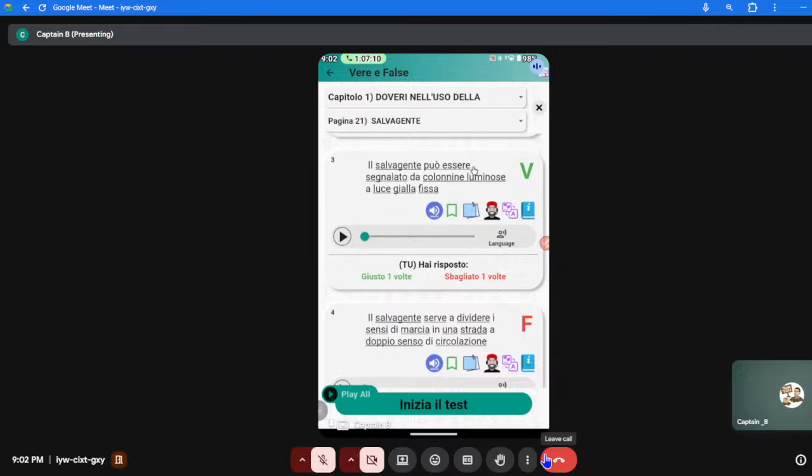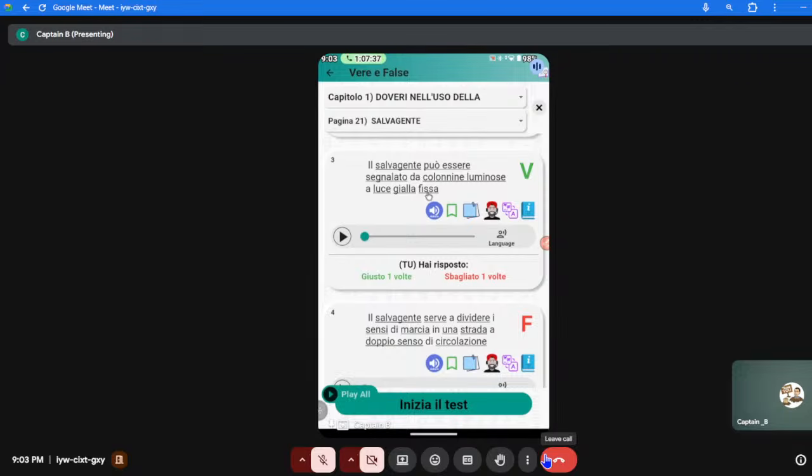Il salvagente può essere segnalato, it can be signed, there can be a sign there. Di colonnine luminose, a bright light sign. Luce gialla fissa, a yellow fixed light.